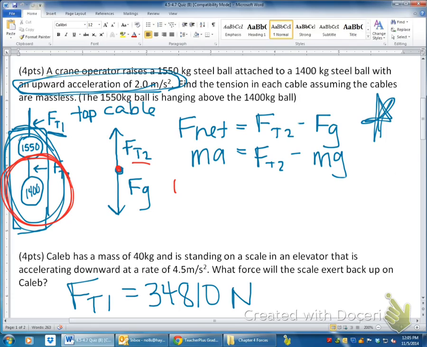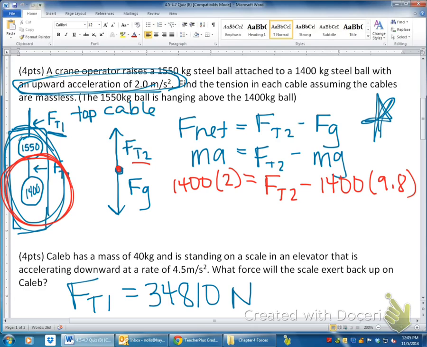So our mass then is only 1400. We take that times the acceleration. The acceleration of the whole system is the same. It does not change. We solve for F sub T2. And we do the math and add it over.